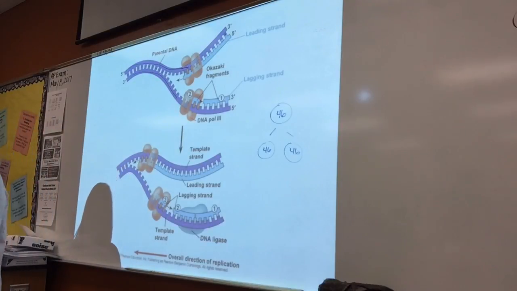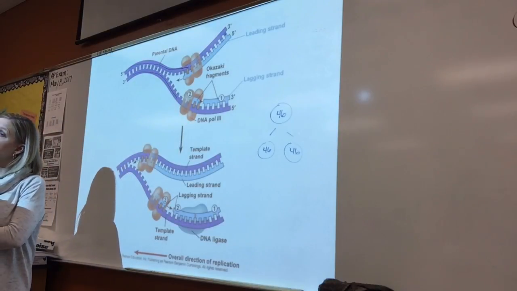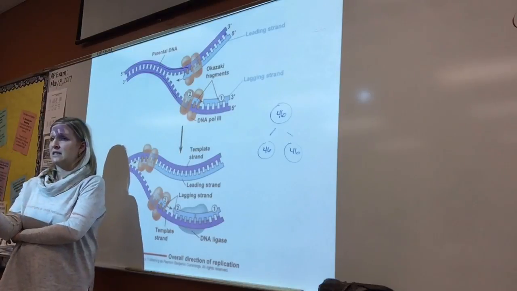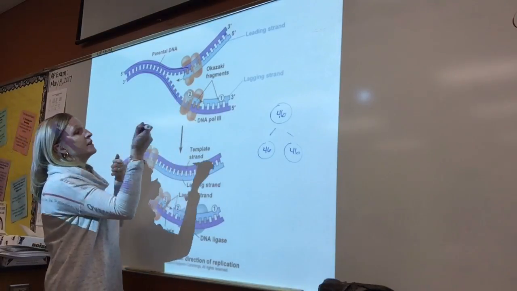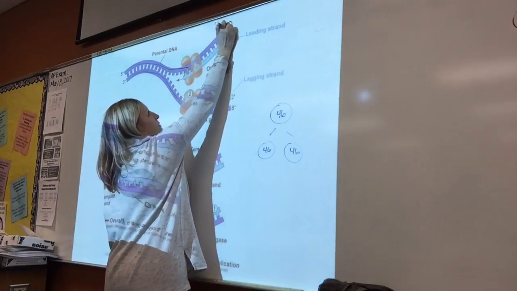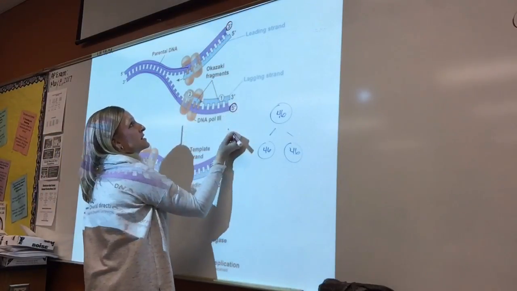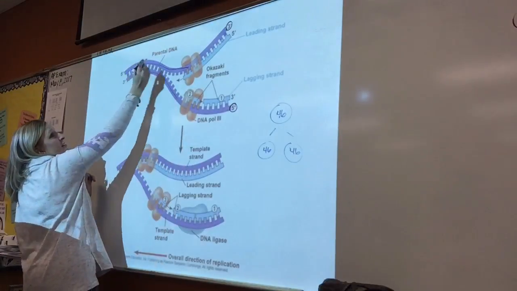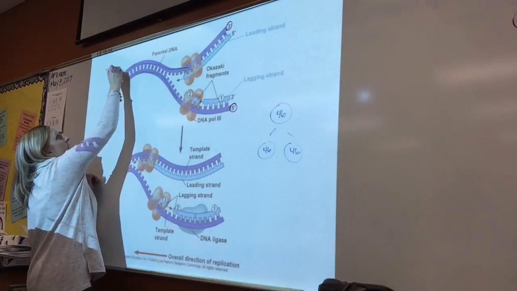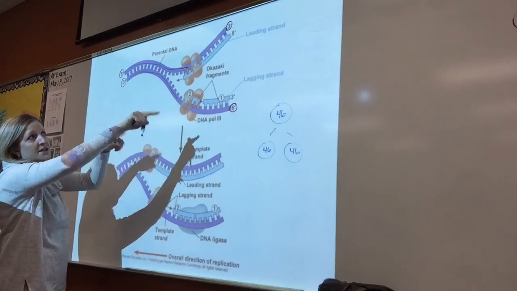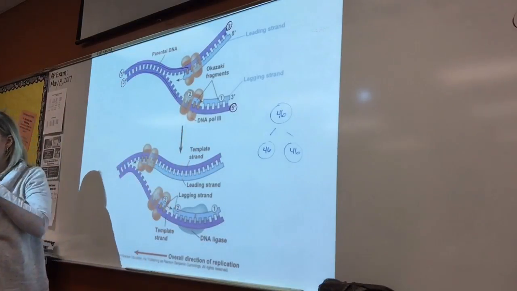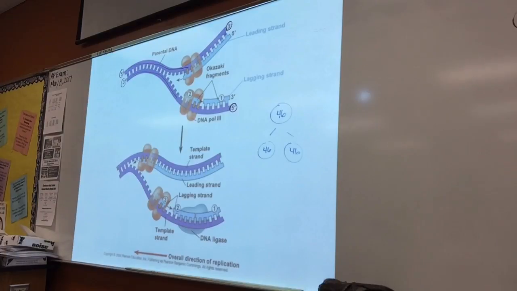DNA polymerase 3 can only add nucleotides to the 3' end of an existing DNA molecule. When we look at the original DNA, this is the 3' end, this is the 5' end, and this end is the 3'. So they're running in opposite directions. That's called antiparallel, and that's your original DNA.